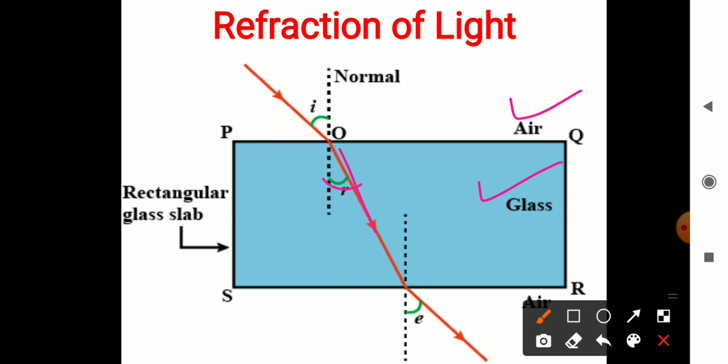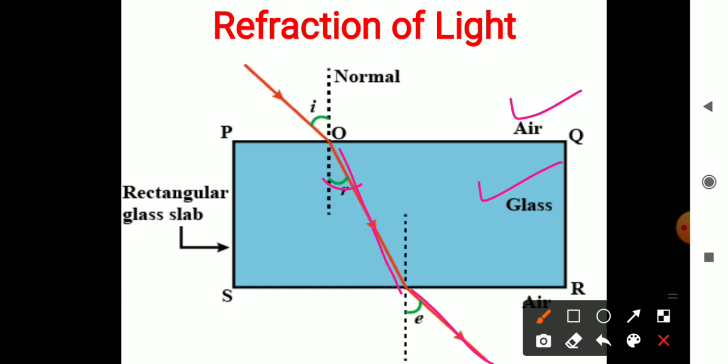But when the light moves from a denser to a rare medium, or you can say glass to air, then it moves away from the normal. In this case the path of light changes due to the change in medium.